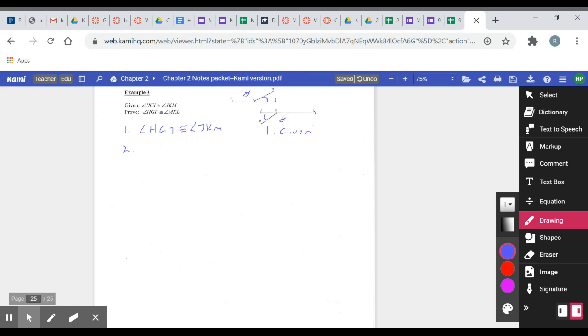Well, I have a feeling that I'm going to need an equal sign. I'm going to need some true equations. So I need to switch that congruent symbol to an equal sign. So I can say the measure of angle HGI is equal to the measure of angle JKM. And again, like we used in the last one, that's definition of congruent angles.